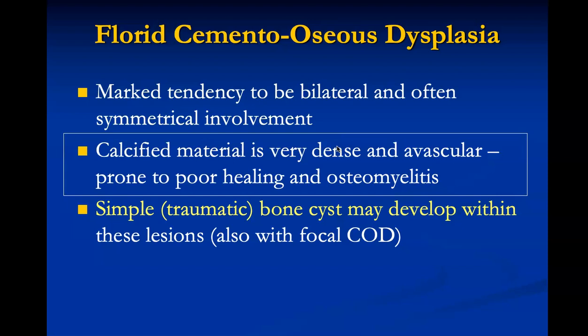If the patients get osteomyelitis, especially with florid cementoosseous dysplasia, because so much of the bone is involved, they can get a slowly smoldering kind of osteomyelitis that is extremely hard to treat. Because how would you treat it? You would give them an antibiotic. But if they have avascular bone, the antibiotic can't get to the area to take care of the bacteria, and so the patient basically ends up losing the bone.